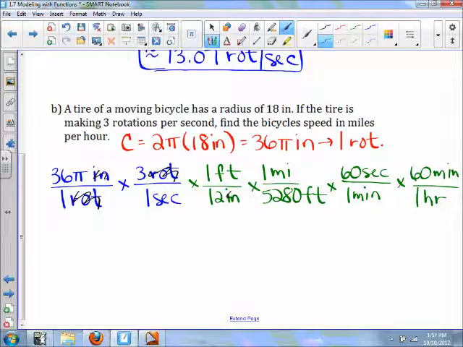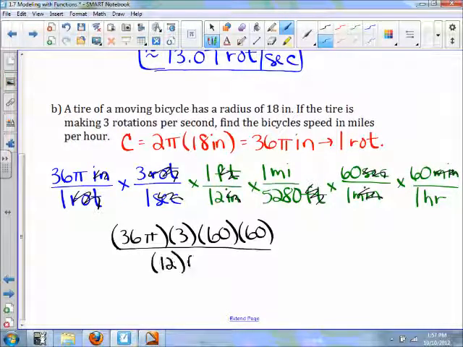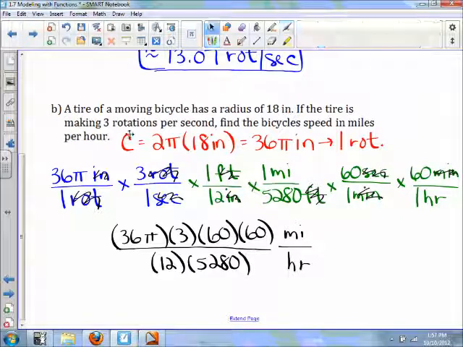Now we should have, if we did everything correctly, everything crossing out and we're left with miles per hour. And we did do that correctly. So really what we'll have is 36 pi times 3 times 60 times 60 over 12 times 5,280, and that'll be in miles per hour.